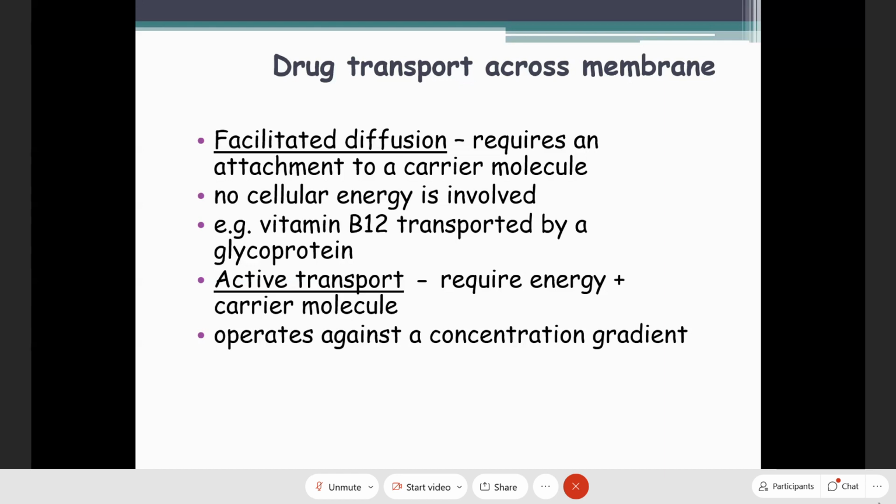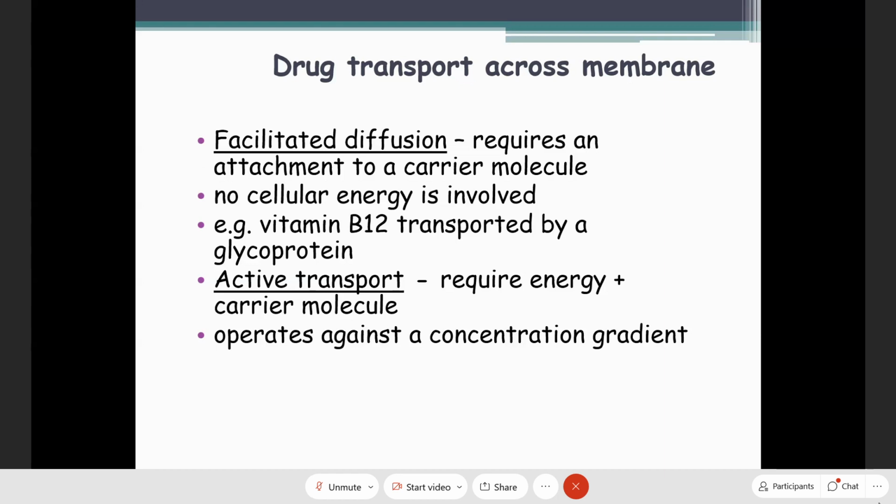And active transportation, as the name says, active, means you require energy. You can imagine you want to do exercise, be very active, so you need energy. It requires energy and a carrier molecule.